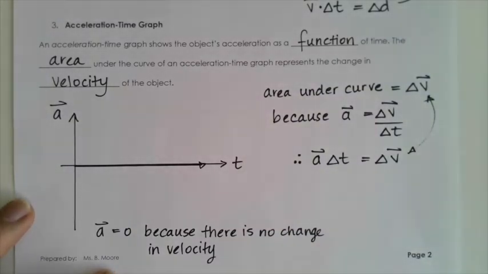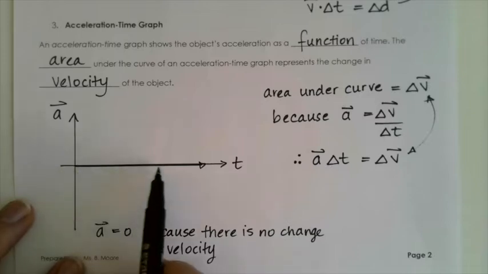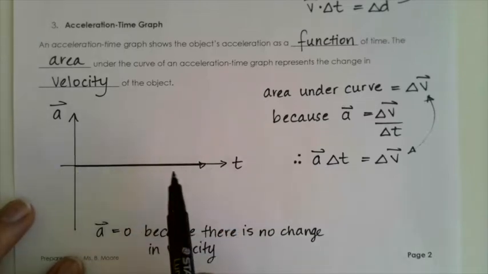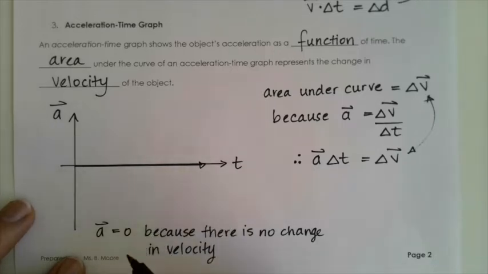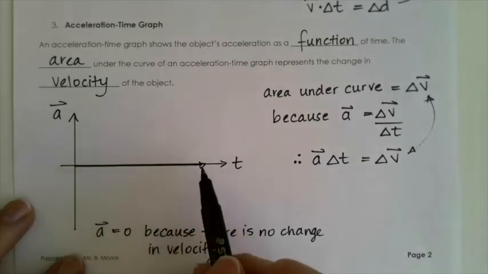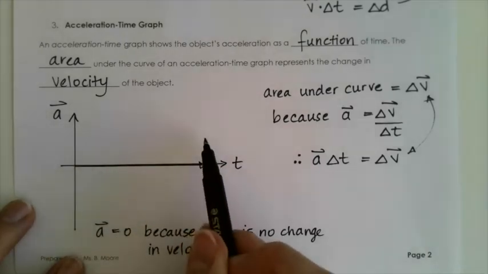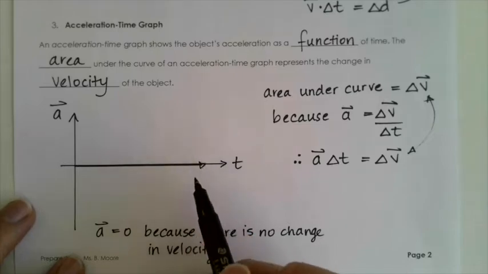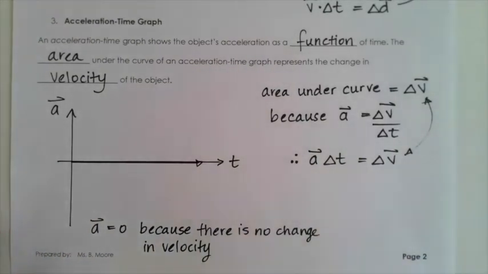So the area under the curve would be obtained by, if this was a rectangle, multiplying the length by the height. We don't have any height because our acceleration is 0, but there will be times later in the unit when the acceleration is not 0, where you will have a rectangular shape here, and you can multiply the length, which is the time, by the height, which is the acceleration, and you will get the change in velocity experienced by your object.